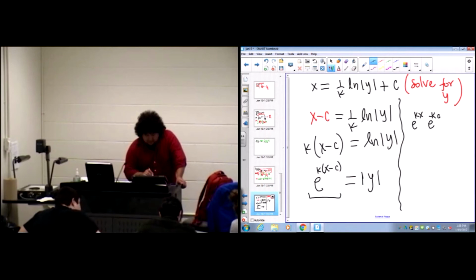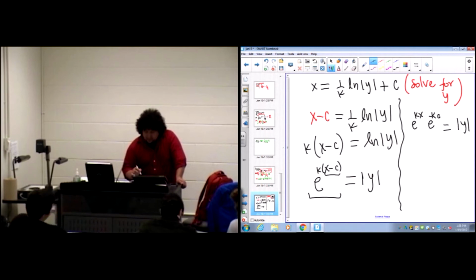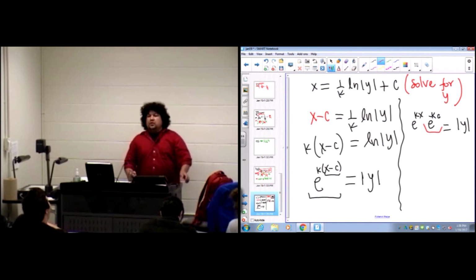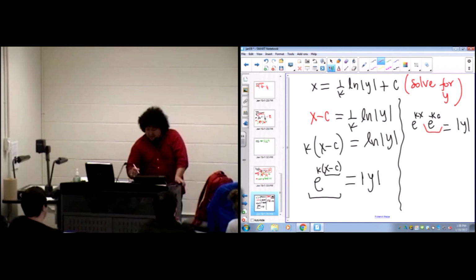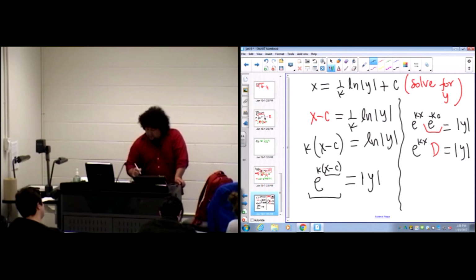That's simply applying the rules of exponentials, and this is still equal to the absolute value of y. So we could think of e to the minus kc as a whole quantity, right? We could write that as d, okay? And this is e to the kx times some constant d, this is the absolute value of y.